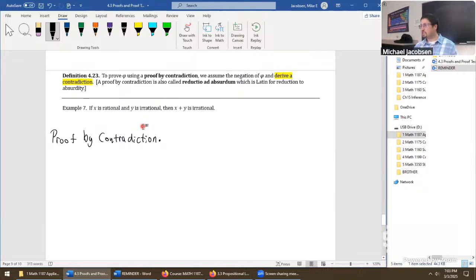Okay, so it says, if x is rational and y is irrational, then x plus y is irrational. If we're going to prove this by contradiction, we have to deal with the negation of this entire statement. But our entire statement is an if-then. This is the P right here.